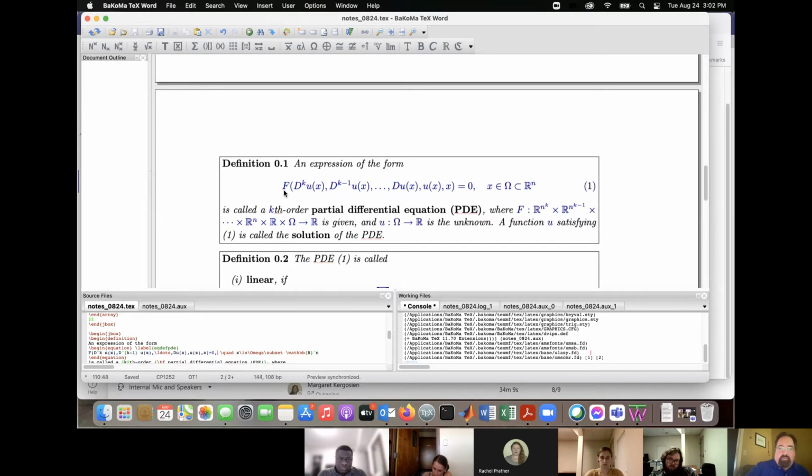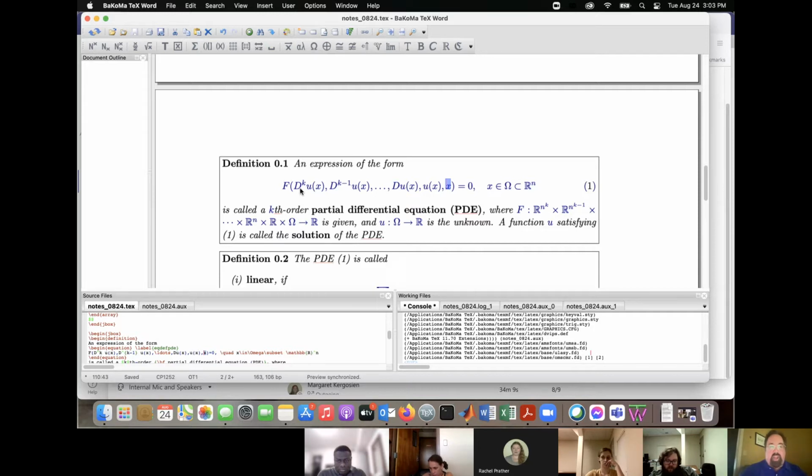You have some function f that defines an equation, and that equation depends on your solution u itself and all of its derivatives, first derivative, second derivative, etc., to a certain order k in this case. But the equation can also depend on x directly, where x refers to all of your spatial variables involved in the equation.